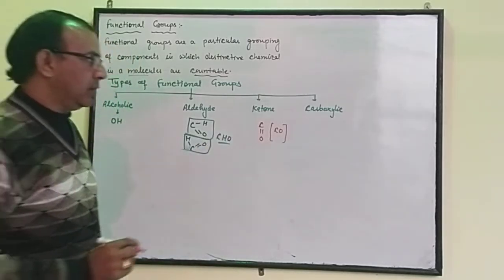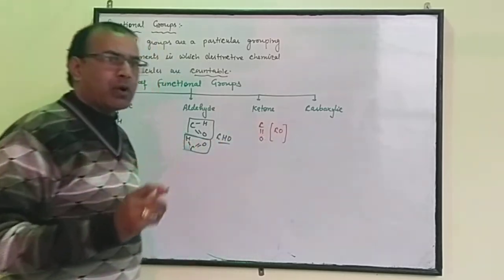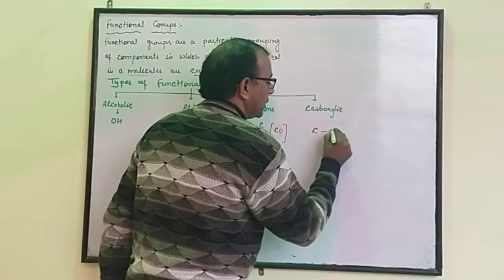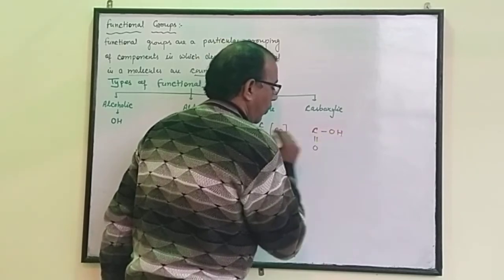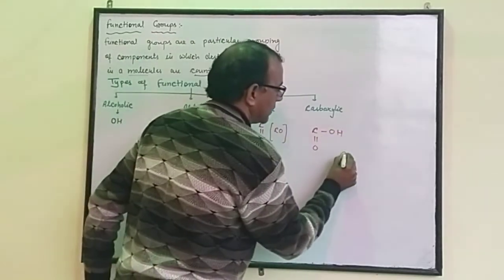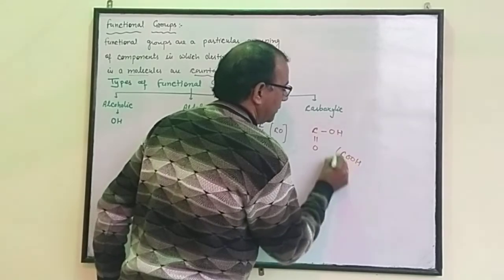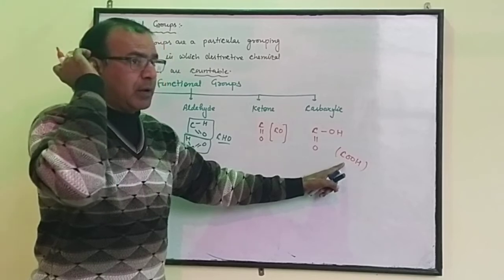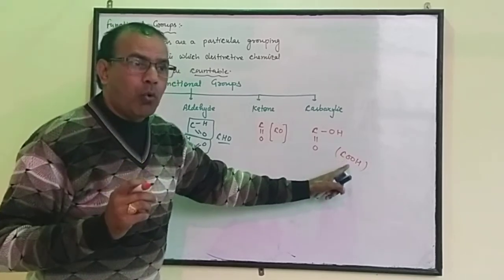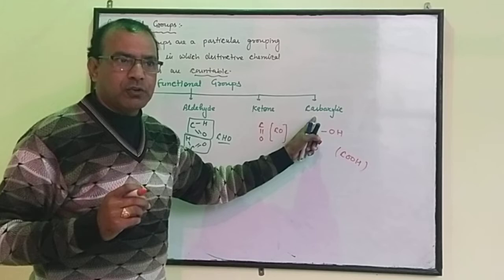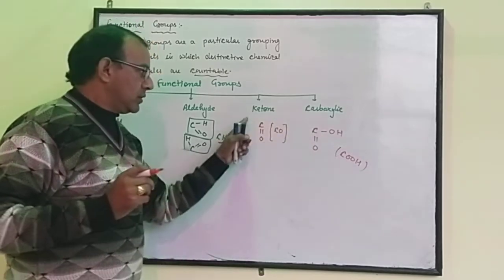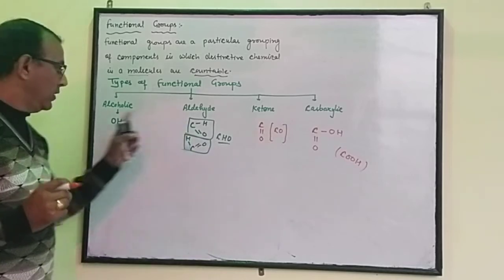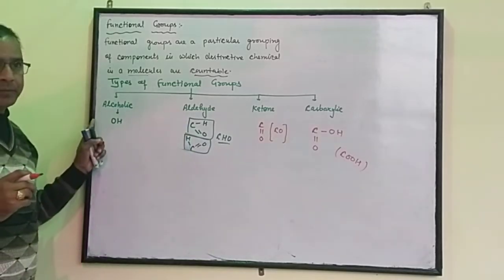And the carboxylic functional group is the hydrocarbon compound in which carbon is attached with OH and with O, or you can write it COOH. If the hydrocarbon compound is attached with COOH, that functional group is carboxylic. CO ketone, CHO aldehyde, OH alcohol.